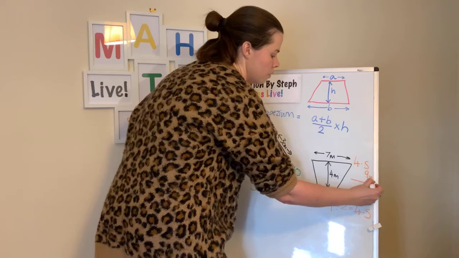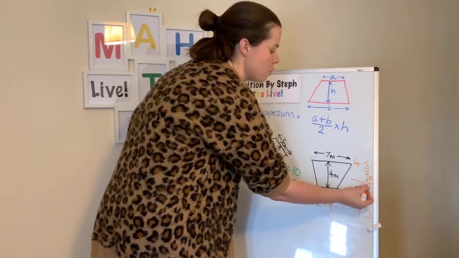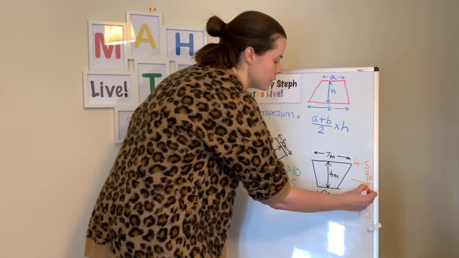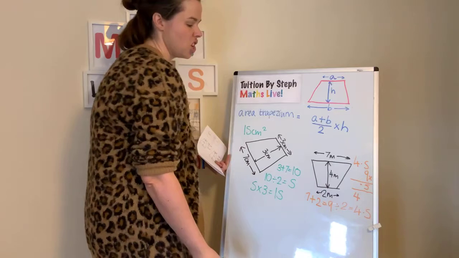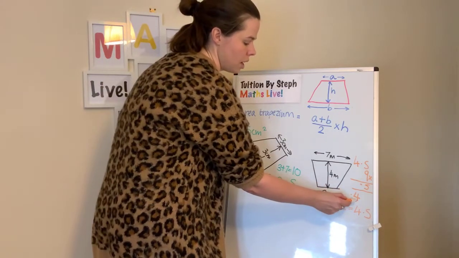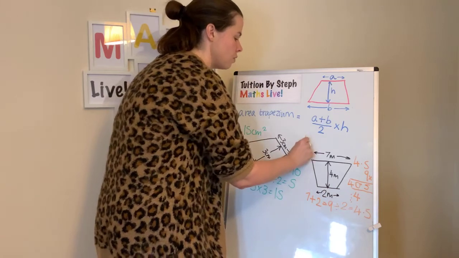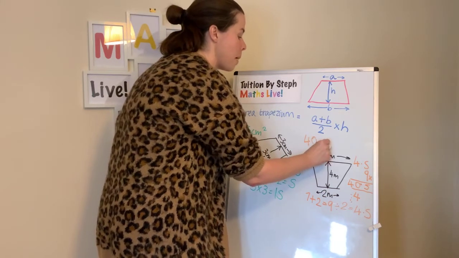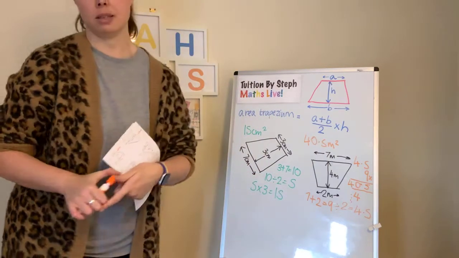Use our lovely column method. 5 9s are 45. So keep the 5, carry the 4. 9 4s are 36, 37, 38, 39, 40. So the answer is 40.5 metres squared, because the unit of measurement was metres for that one.